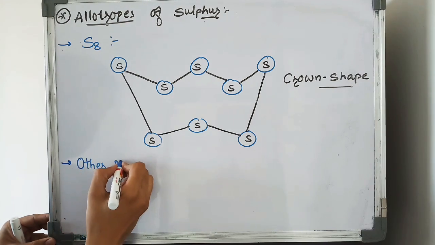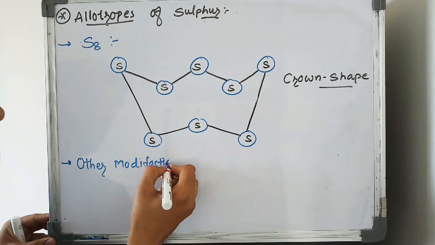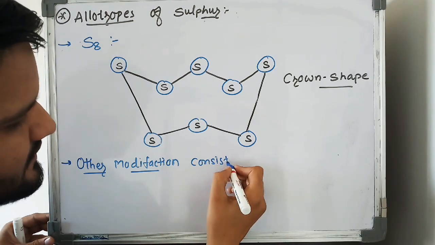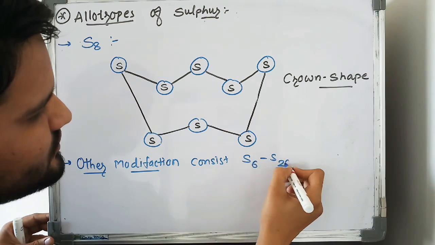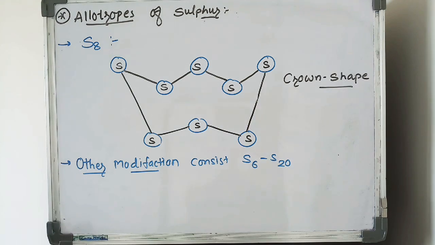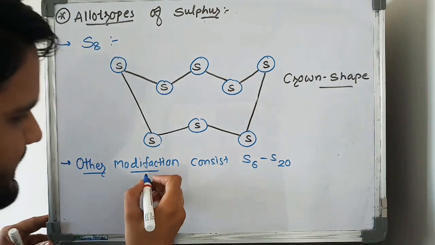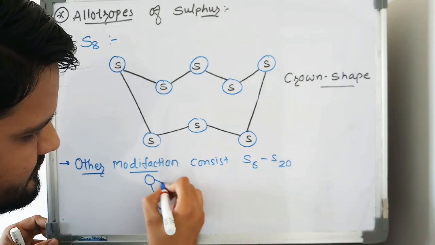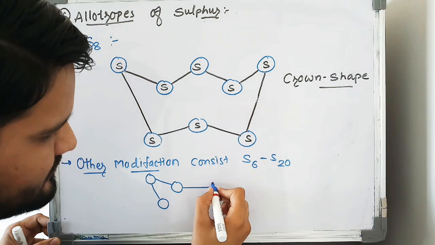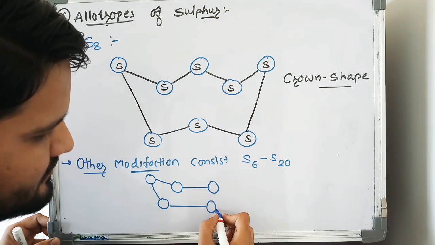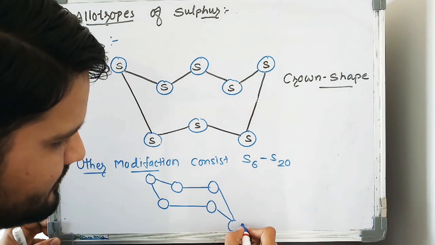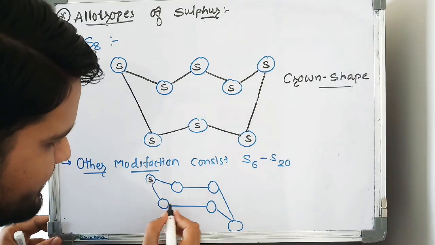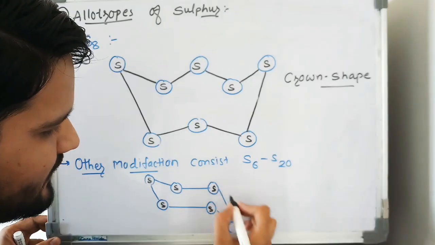The other modifications also consist of sulfur in the range of 6 to 20, like this. 1, 2, 3, 4, 5 and 6.